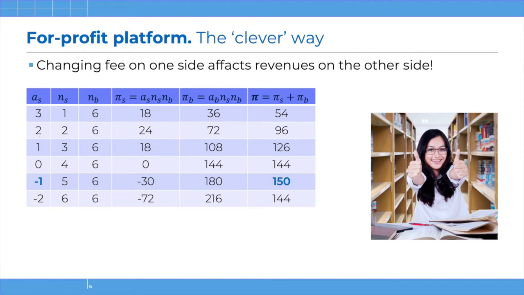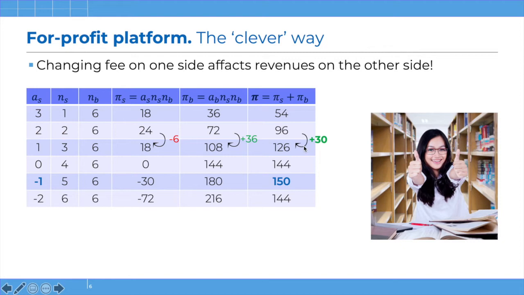We stopped at AS equal to 2, and only 2 sellers are attracted to the platform. Now, let's see what happens if we lower the price. If we lower the price to 1, then an extra seller is joining. It reduces the profits on the seller side, but it increases the profit on the buyer side more than proportionately. So the total profit increases by 30 if you do that.